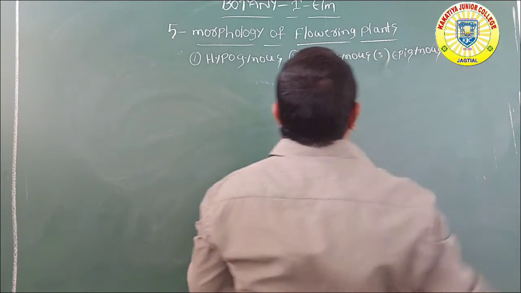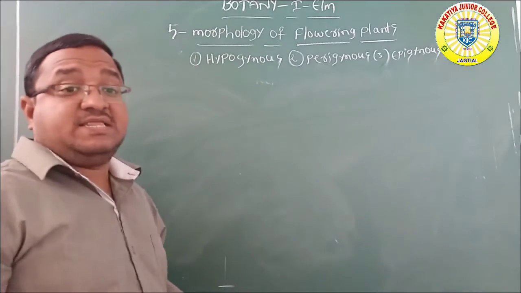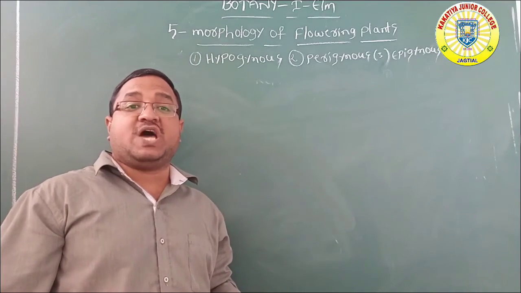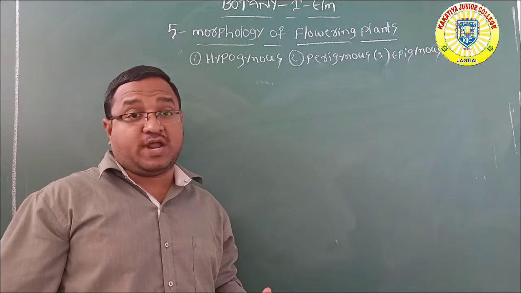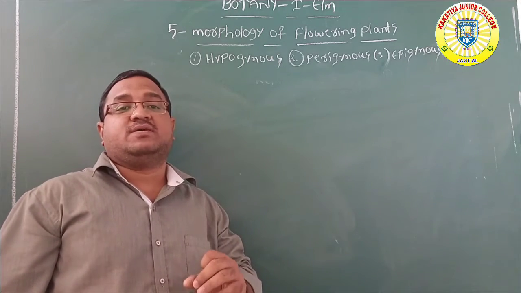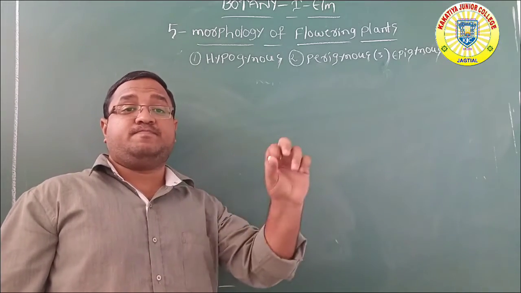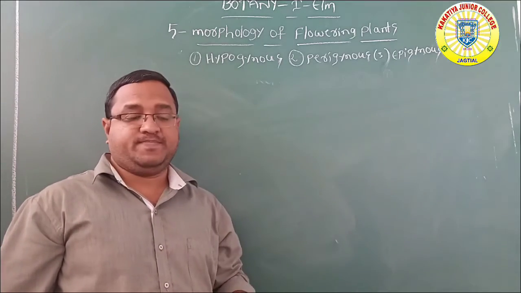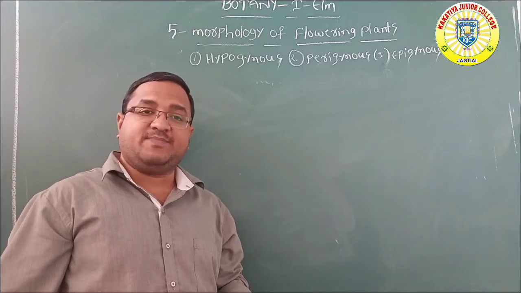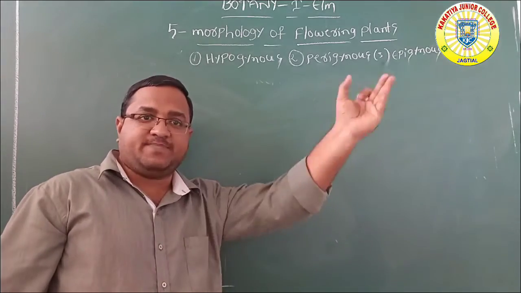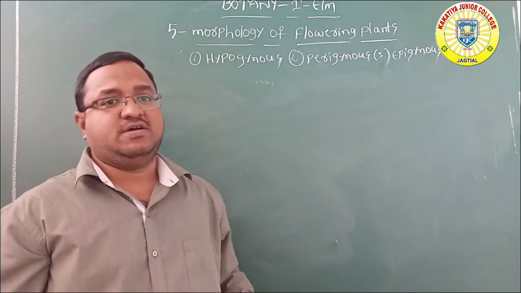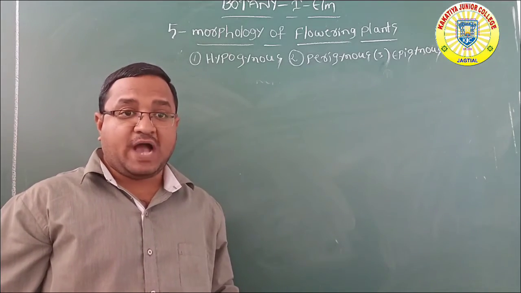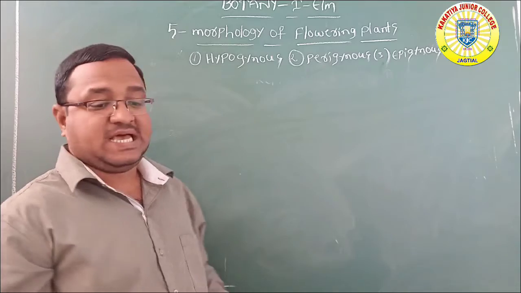So based on the position of calyx, corolla, androecium with respect to the position of the ovary, how these three parts are arranged, flowers are mainly three types: hypogynous, perigynous, epigynous.